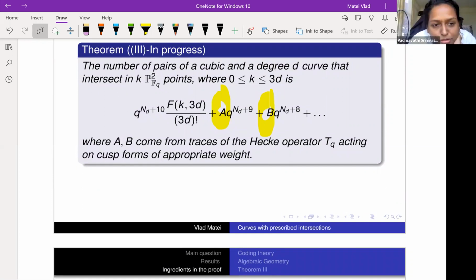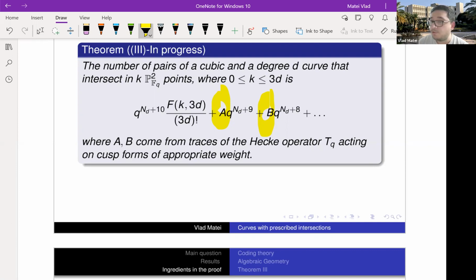I'm a bit confused. You do have a polynomial in Q, but you're saying A and B are not polynomials. Because A and B, these coefficients come from the traces of the Hecke operator. These technically have some square root of Q involved. So I'm kind of lying about the form of the answer because we haven't worked this out, but technically what we should get at the end is that there should be something coming from traces of the Hecke operators.